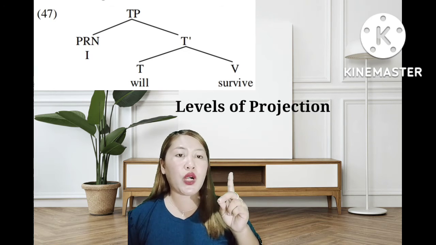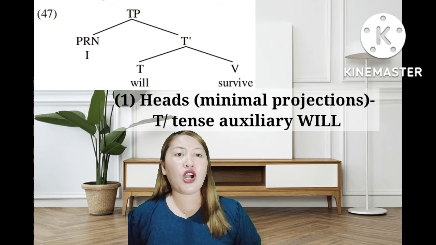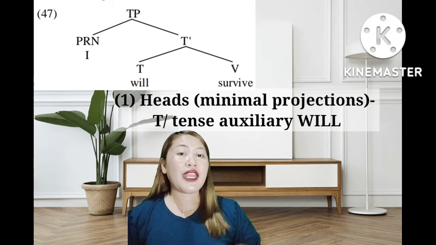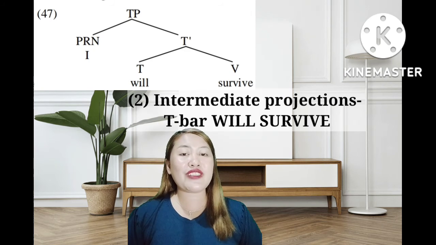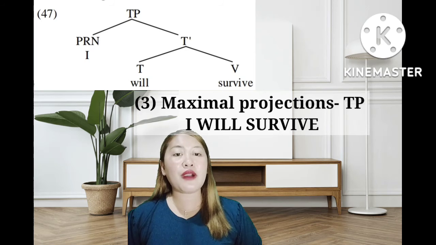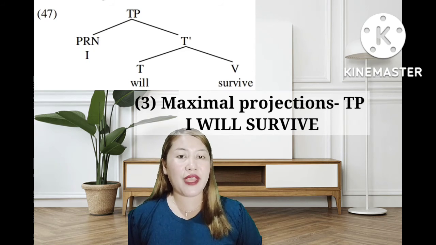The first one is the heads, also called minimal projections, like the tense auxiliary will. The second is intermediate projections, like the T-bar will survive. And third, maximal projections, like the tense phrase I will survive.